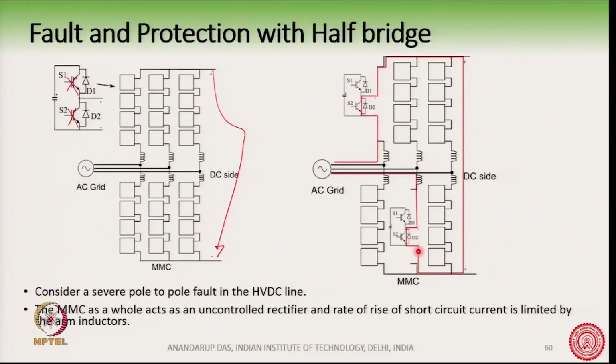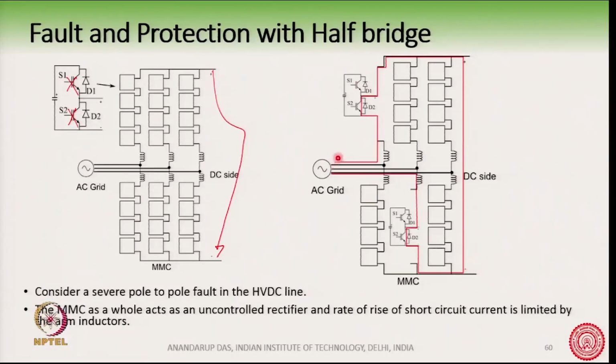Now, there is a fault here, as you can see, a DC pole to pole fault, and sensing this fault, we have shut down the IGBTs. However, the diodes are still conducting, and you will see that there is a path for the current to flow.